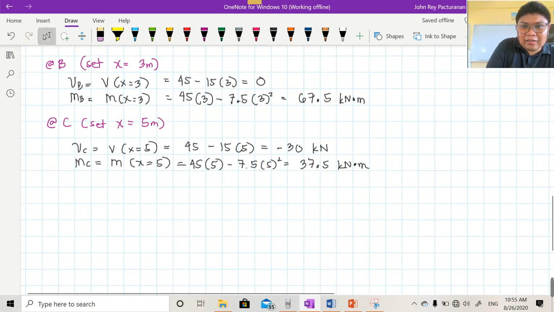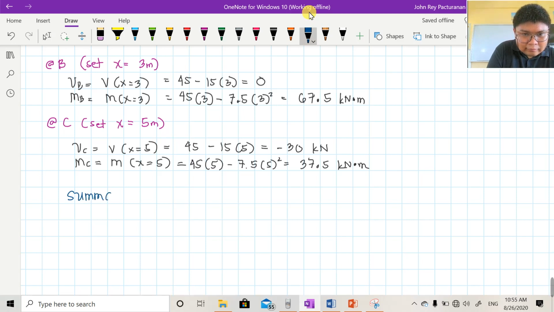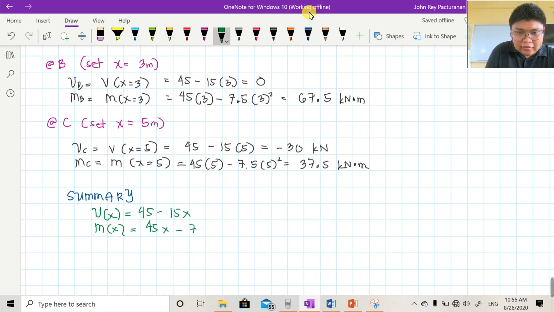So, therefore, let's summarize this. So, summary. The shear at x is equal to 45 minus 15x, while the moment at x is equal to 45x minus 7.5x squared.